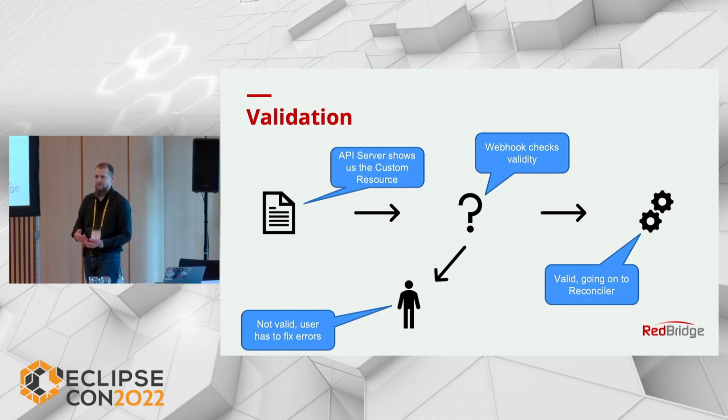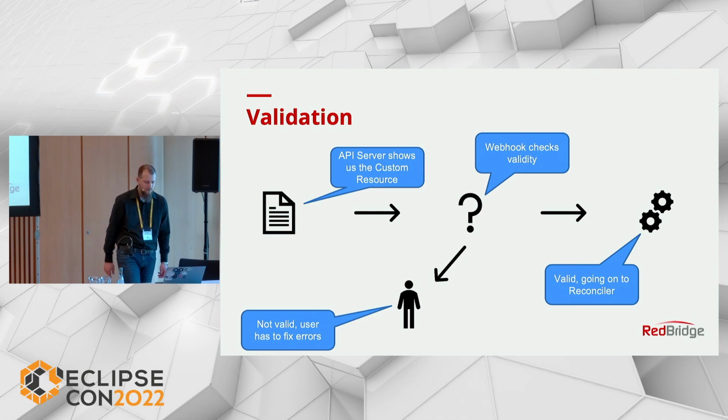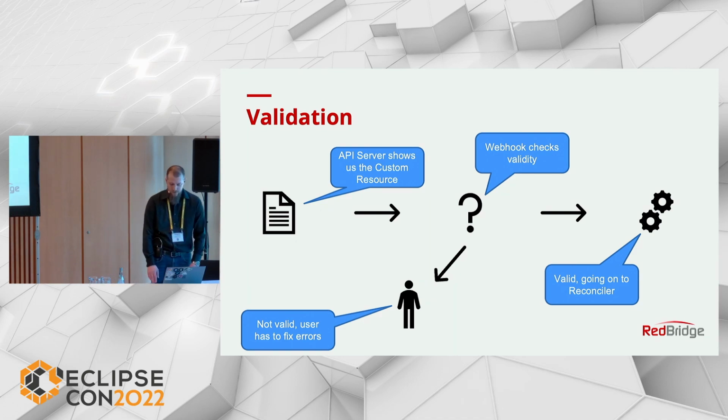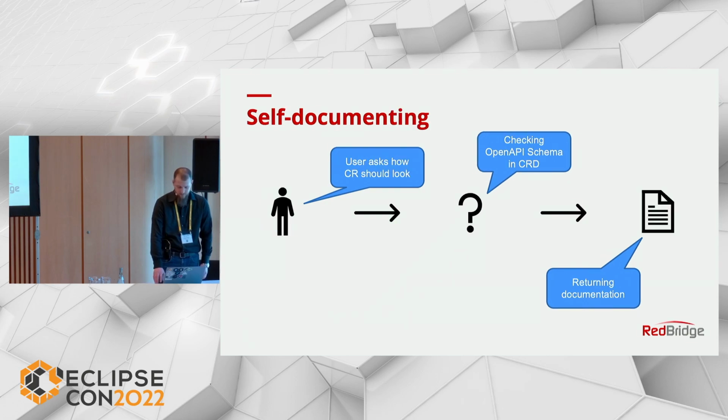If you remember what I said before, once it's stored in etcd, it's difficult to do something about it. If it's wrong, it's wrong. So our validation hook will check it, and if it's okay, it will go on to the reconciler. If it's not okay, we emit a message to the user so that he can basically fix the error in his resource.